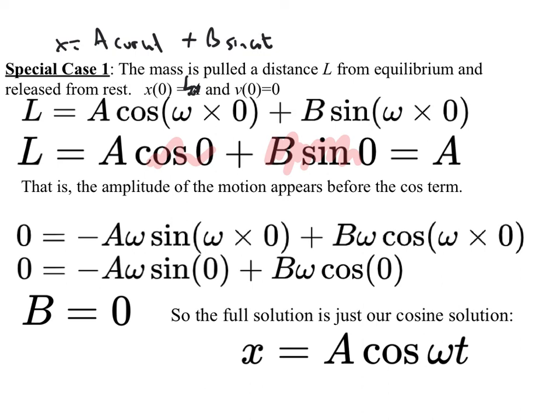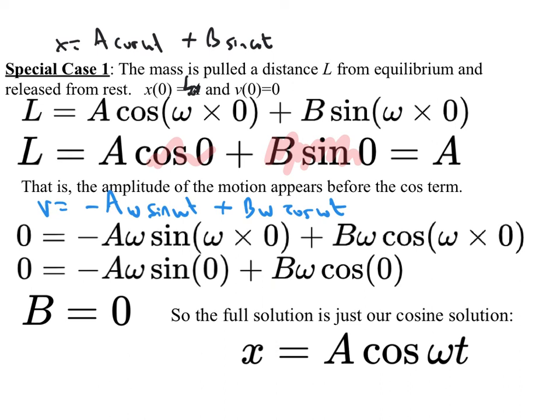Right? No big deal. And then we go and say, well, remember we have that the velocity is going to be the derivative. That v equals minus a omega sine omega t plus b omega cosine omega t by simply taking the derivative of the position equation.